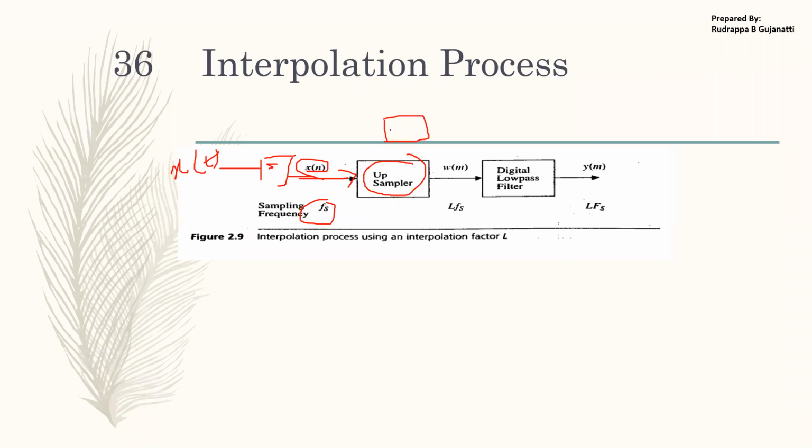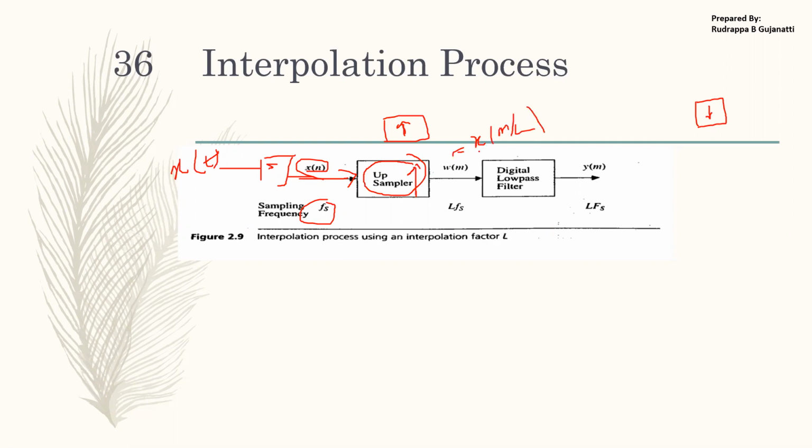Sometimes it is represented just with the arrow in some of the blocks. So this is interpolation, and that is upsampling. And for downsampling, it is represented like this. In some of the books or representations, this is how it appears. So I upsample it. What I'm doing is w of m is equal to x of m by L. That is what we saw.